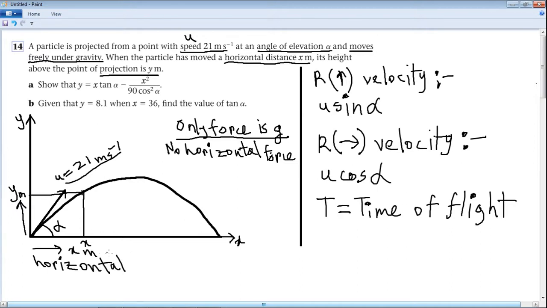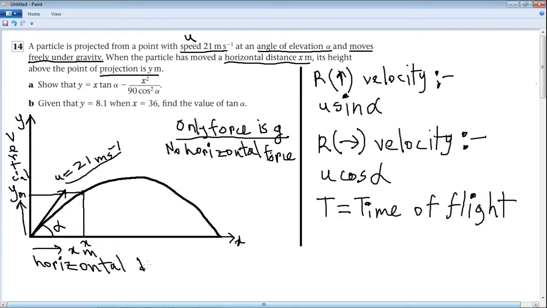It's really confusing which is horizontal and which is vertical. So this is vertical. Now the vertical component of displacement, or vertical displacement, is y, and the horizontal displacement is x.